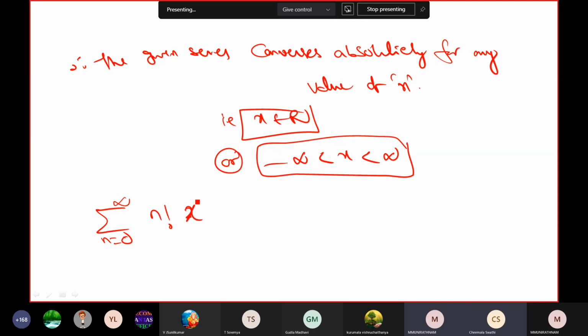ఈ ప్రాబ్లం చేయండి. Summation n factorial into x power 2n plus 1.